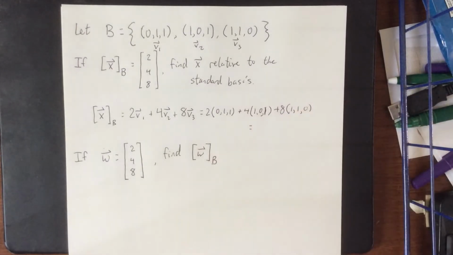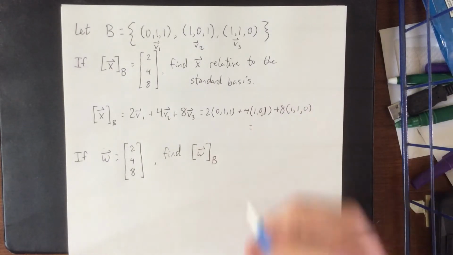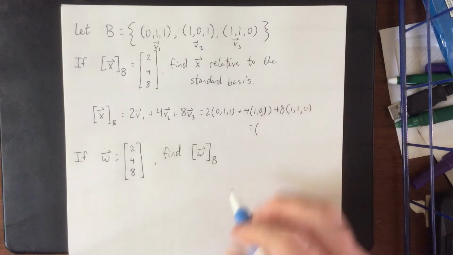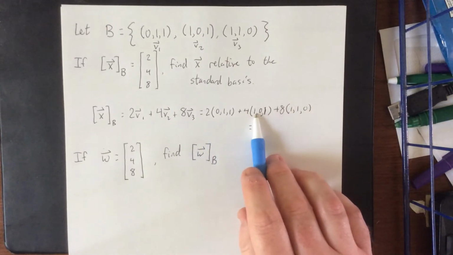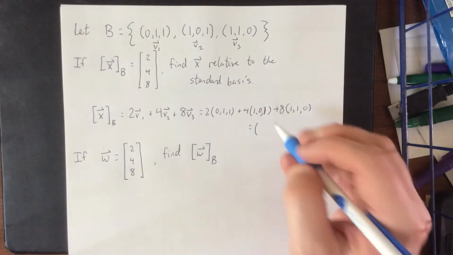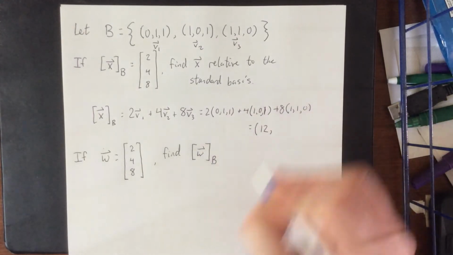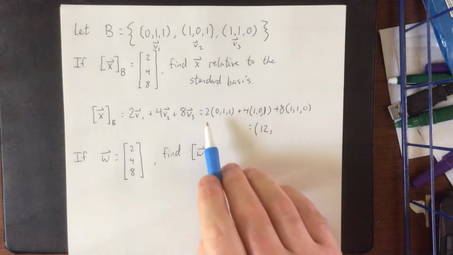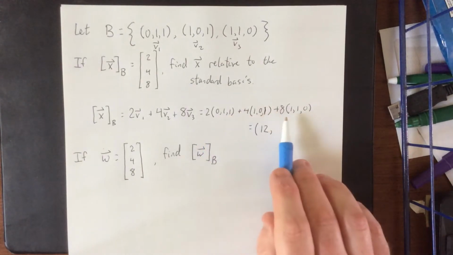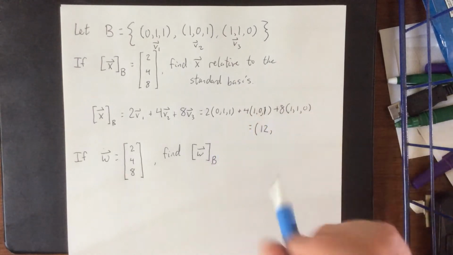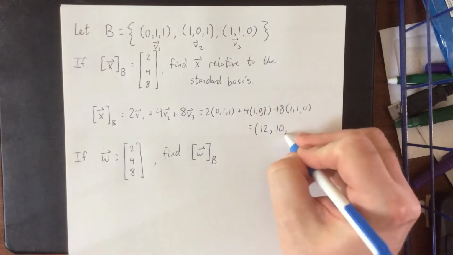To figure out what each of these components will actually be, let's go component by component. For the first component, we'll have 2 times 0 plus 4 times 1 plus 8 times 1. It'll be a total of 12. For the second component, that'll be 2 times 1 plus 4 times 0 plus 8 times 1. For 2 plus 8, that'll be 10.